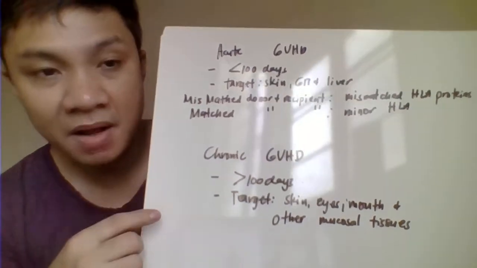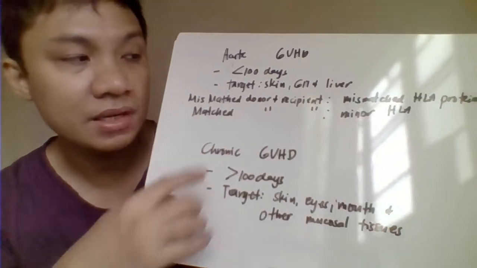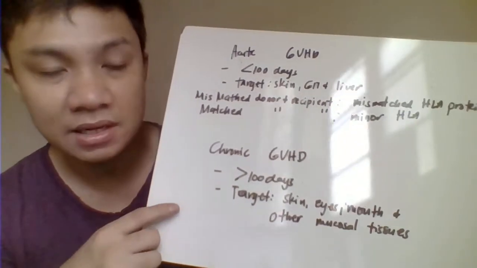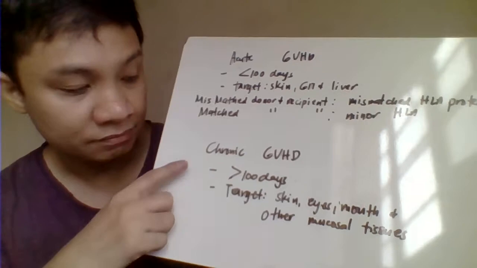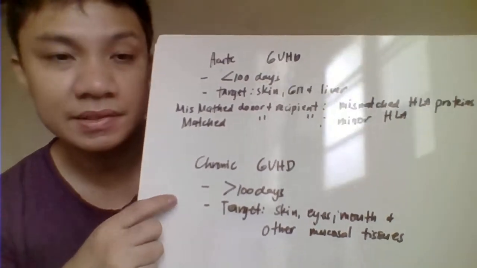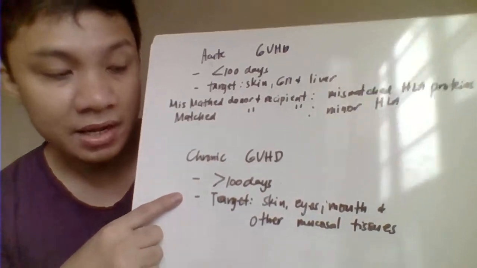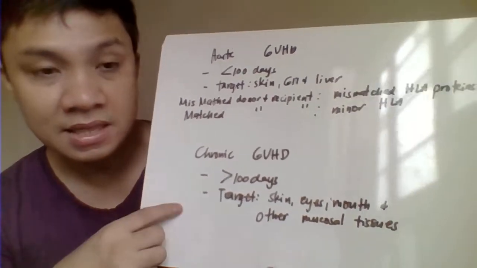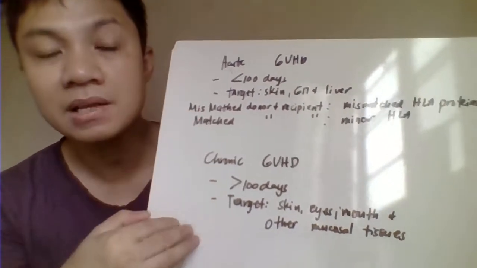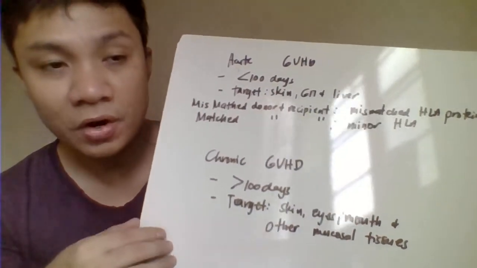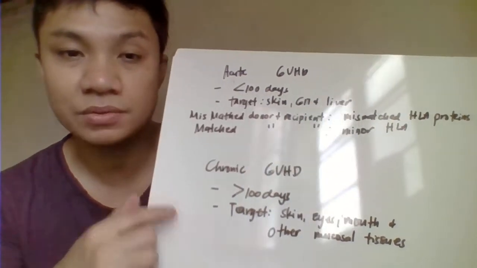But if they are matched, then your grafted tissue containing the immunocompetent T lymphocytes targets the minor HLA, and eventually results in destruction of that. For chronic graft versus host disease, again, it occurs for more than 100 days and targets the skin, the eyes, your mouth, and some mucosal surfaces. So same mechanism, only that it occurs over a longer duration of time compared to your acute graft versus host disease.